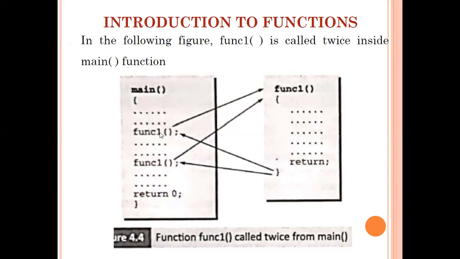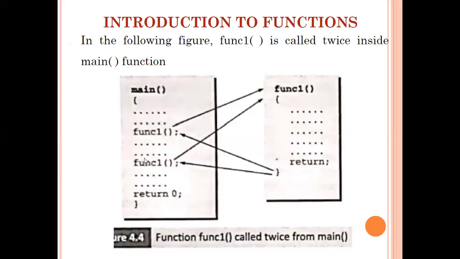So whenever this function call statement is encountered by the C compiler, it automatically goes to execute the function body of function 1. Only after executing the definition of function 1, it returns back to continue the execution of the main function.